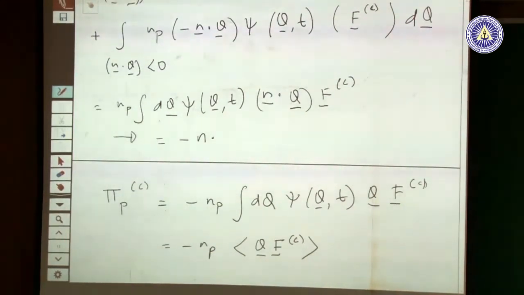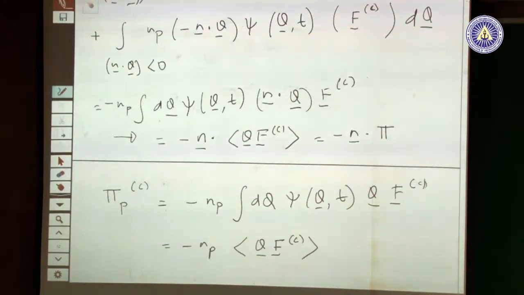So, this would be n dot q F c. The minus is coming from here, so there should be a minus here, and I have absorbed that minus into the definition.